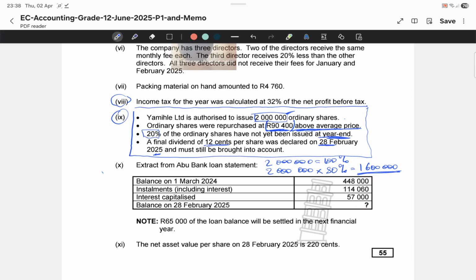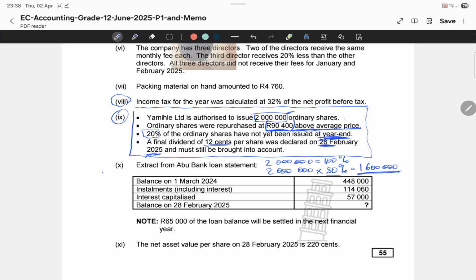And this 80% was declared, I mean, was issued at the end of the year. Okay, now as it goes further, it says a final dividend of 12 cents per share was declared on 28 February. This is also at the end of the year, 28 February 2025.